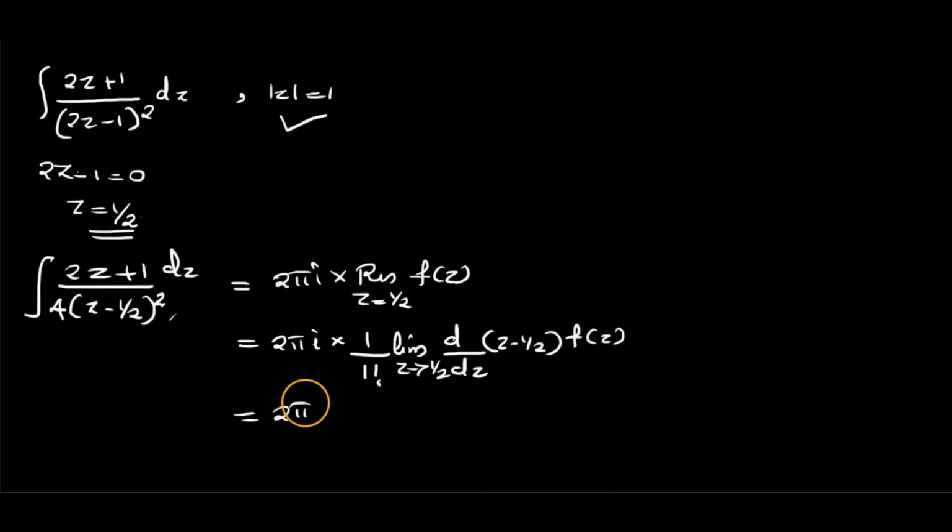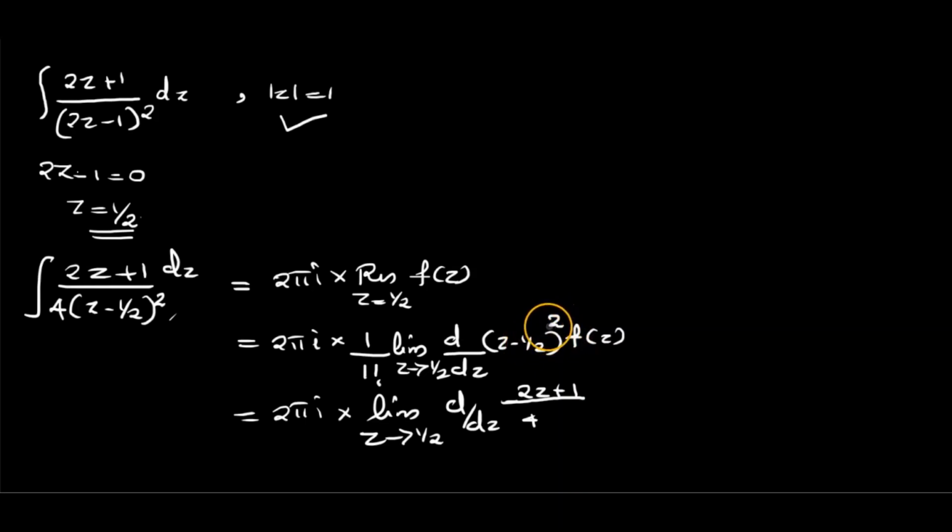It is 2 pi I limit z tends to 1 by 2 d by dz of (z minus 1 by 2) into f of z, which is (2z plus 1) divided by 4. Sorry, (z minus 1 by 2) all square into f of z.